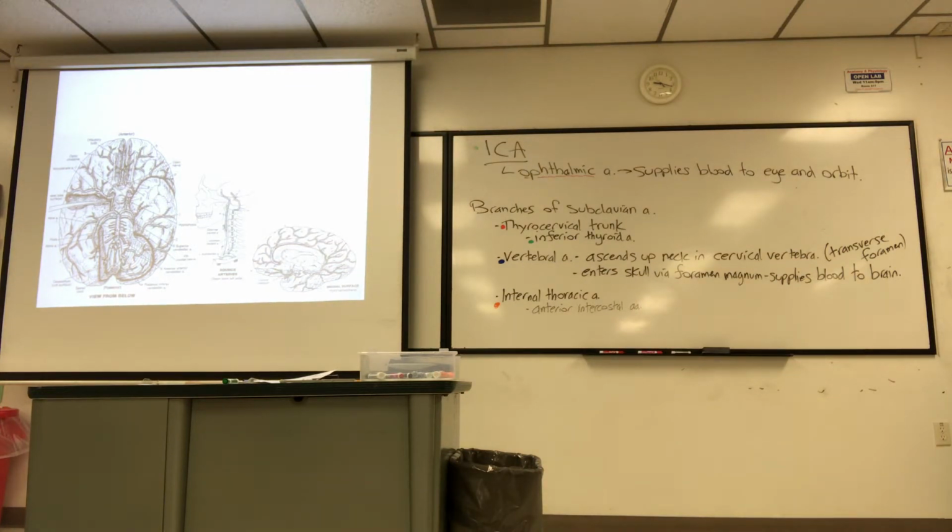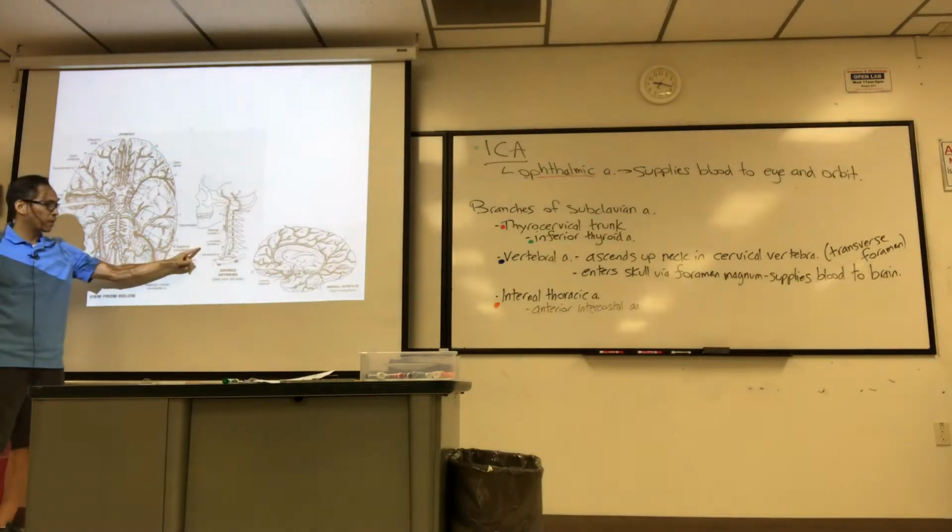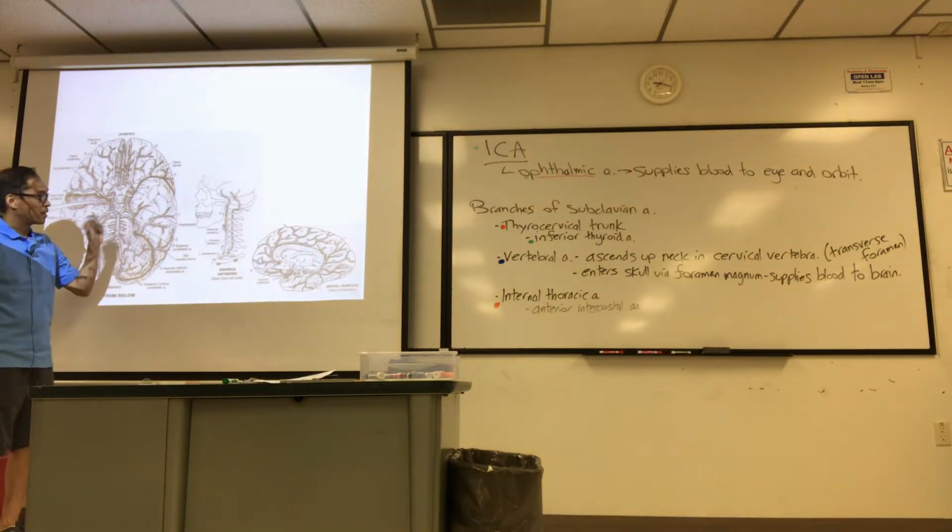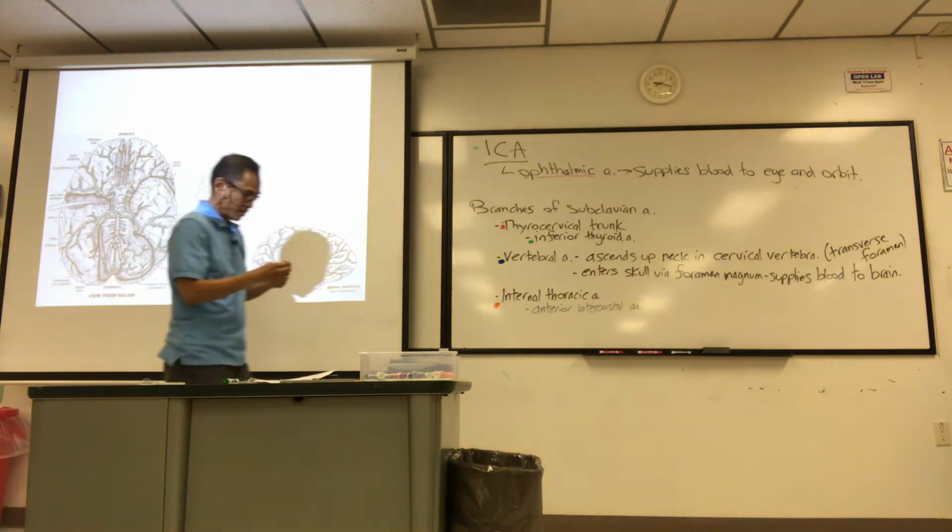If you look at the base of the brain, there's the circle of Willis. I still call it that. It's more like a hexagon, really. But anyways, the two source arteries, you have this picture on your plate, are vertebral and internal carotid artery.